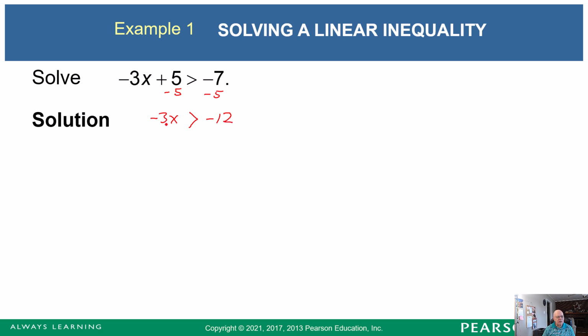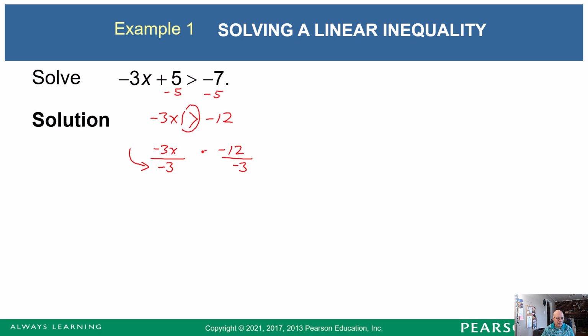Now if this were an equation, we would divide both sides by a negative 3 to get our answer. We're going to do the same thing on this one to solve the inequality. Divide by a negative 3, but because we divided by a negative 3, this inequality right here gets swapped around.